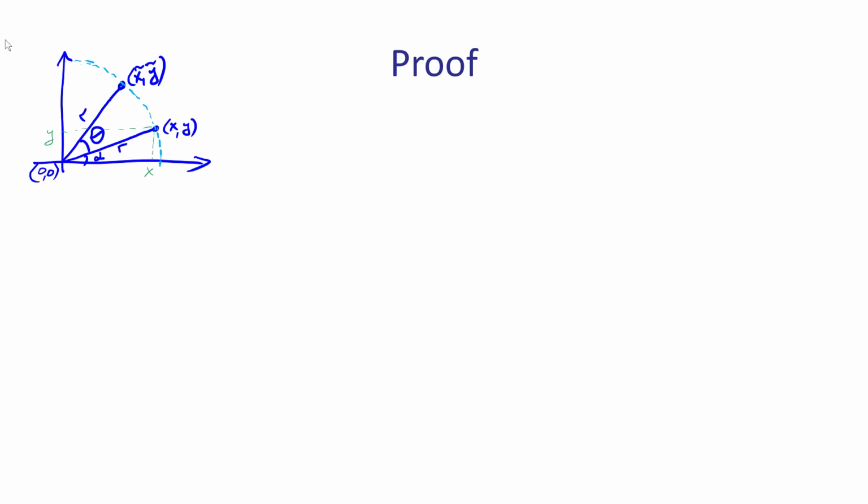Now, from that triangle, which has those 3 points, we can say that cosine alpha is x divided by r, and sine alpha is y divided by r, because this distance is x, so x divided by r is the cosine, and that side divided by r is the sine.